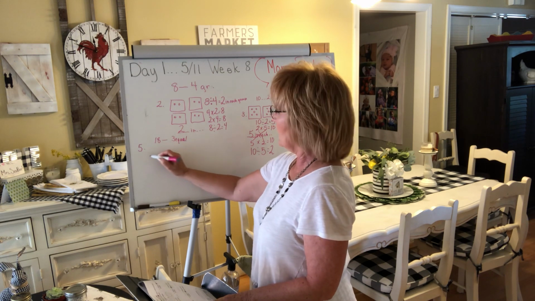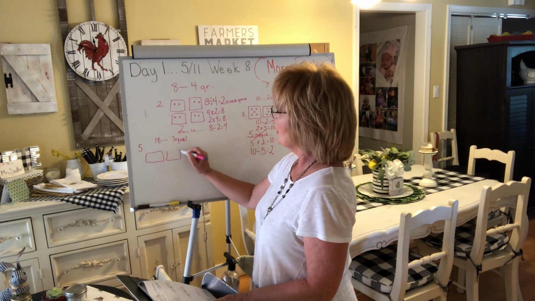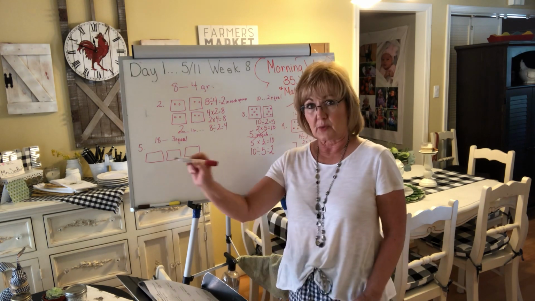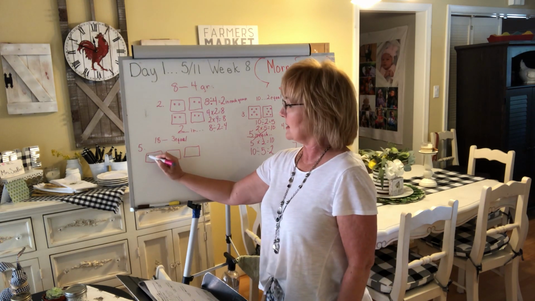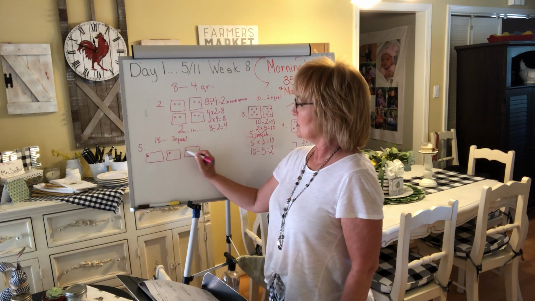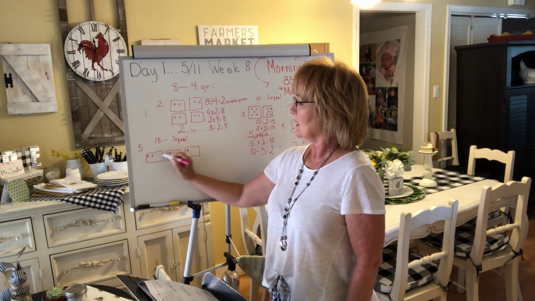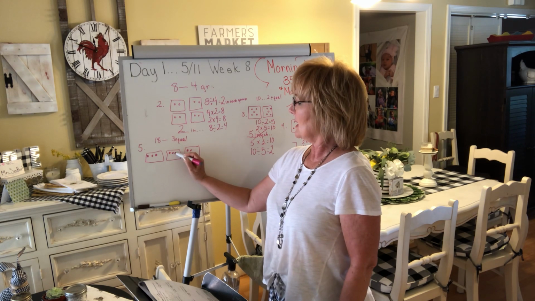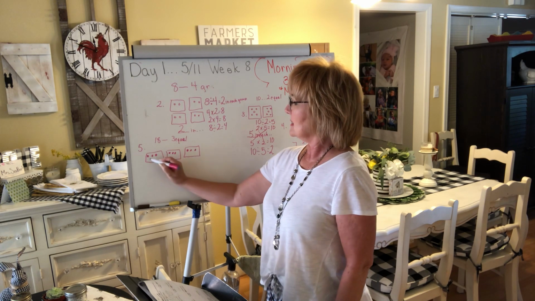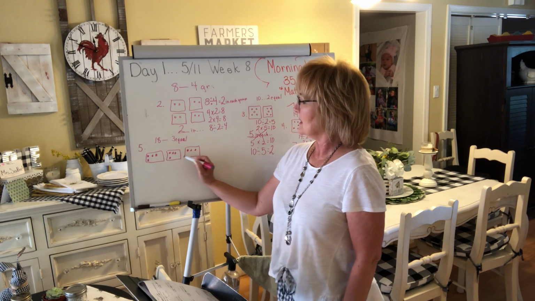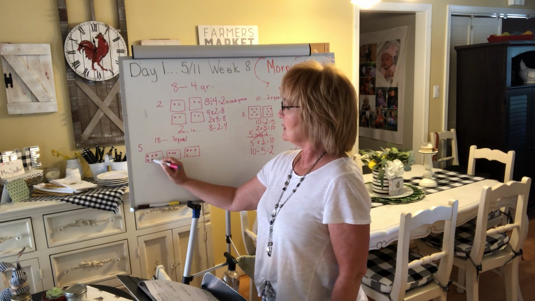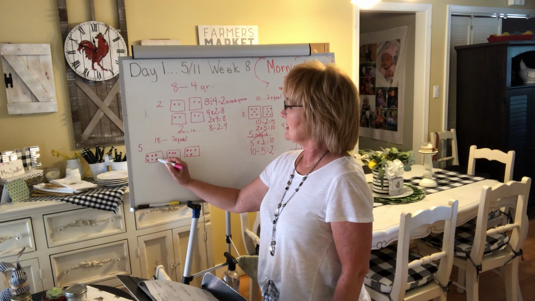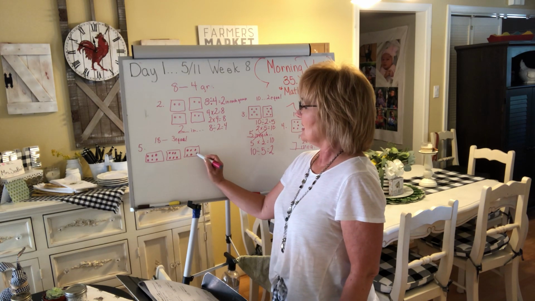groups. Okay, 1, 2, 3. Now we've got 18. We're going to go back and forth. We're going to share them tater tots. One for you. 1, 2, 3, 4, 5, 6, 7, 8, 9, 10, 11, 12, 13, 14, 15, 16, 17, 18.